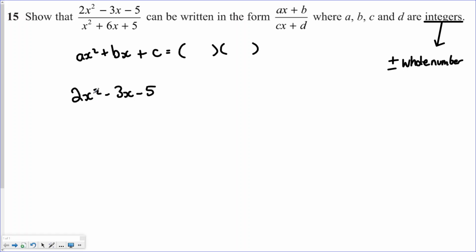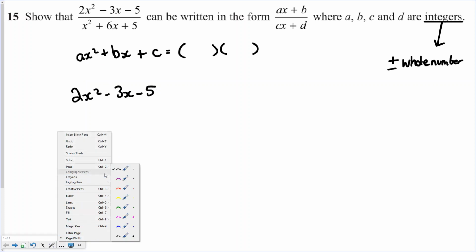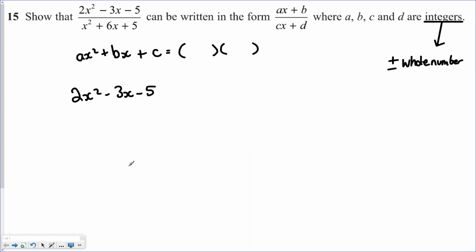The way I'm going to factorize this is I'm going to multiply a with c. In this case, it's 2 with 5. Now I'll do some side working out, in red. So a times c is 2 times minus 5, which gives minus 10.